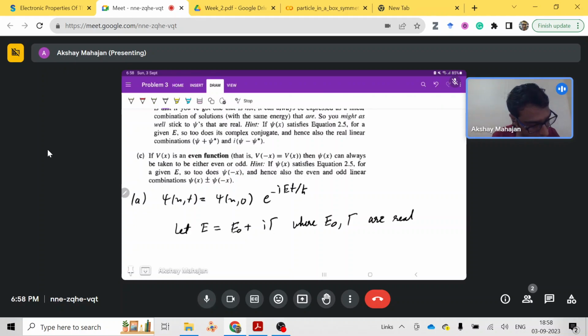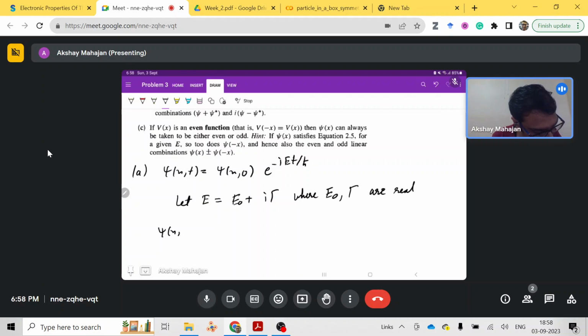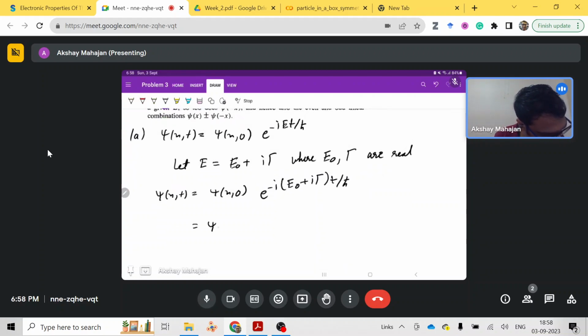Right. So now psi x comma t could be written as psi x comma 0 times e to the power minus iota E naught t by h cross, and then e to the power iota squared gamma t by h cross.